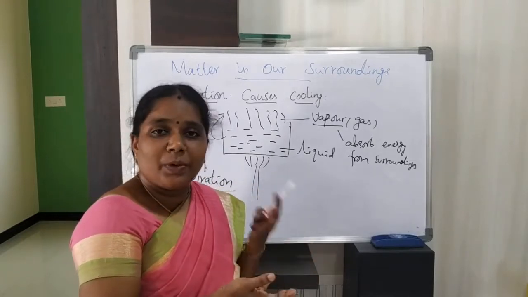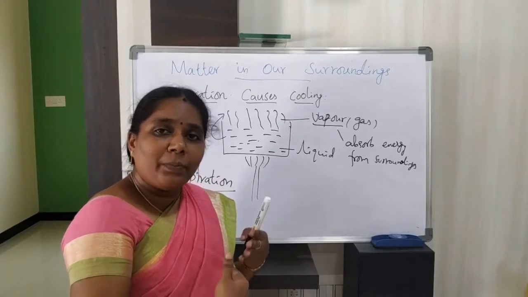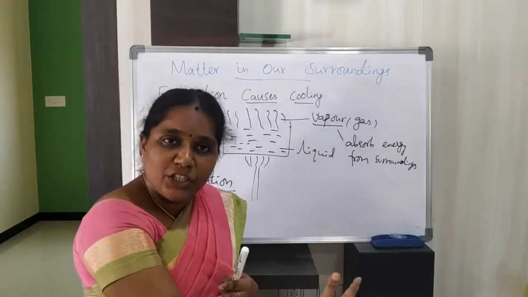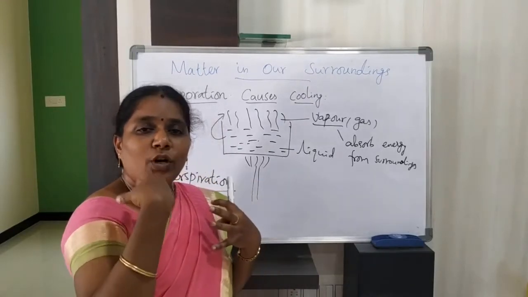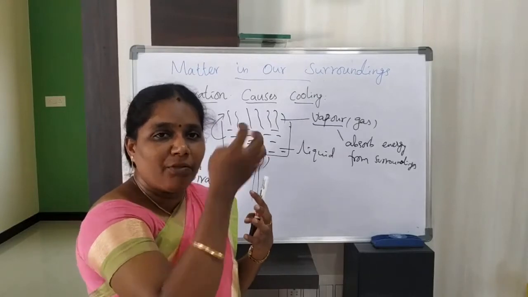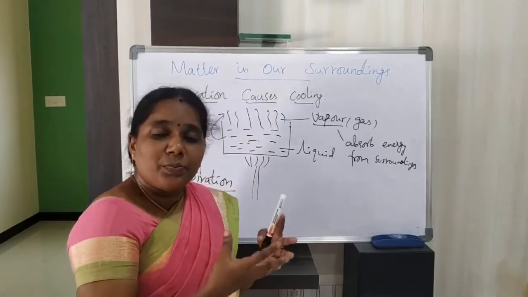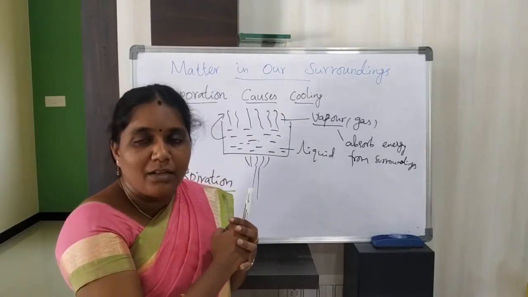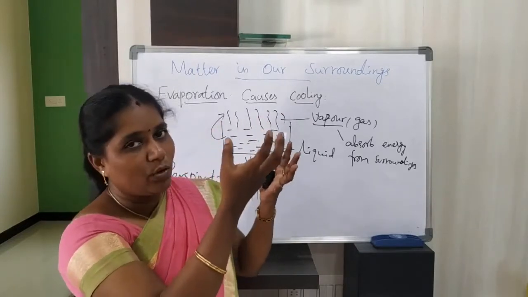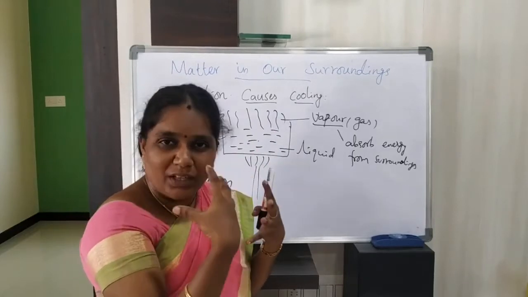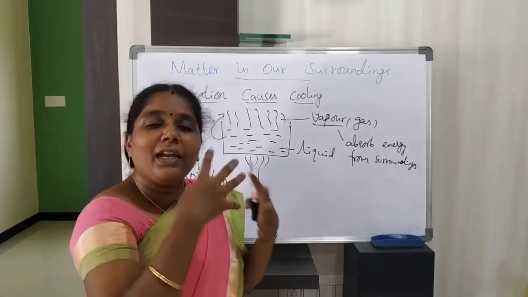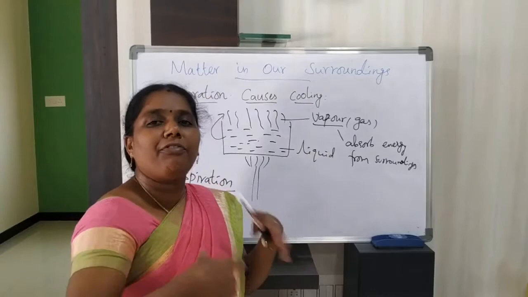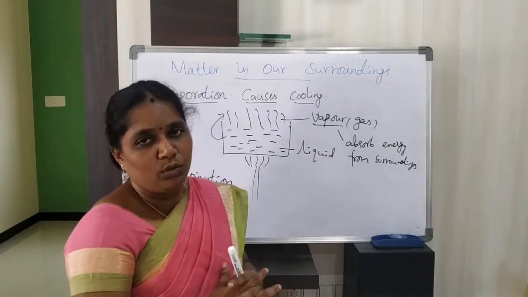So after perspiration, what happens? During perspiration, loss of energy takes place and our body gets the sweat in the form of water droplets. And after perspiration, those water droplets absorb energy from the surroundings, that is, the air around us comes in contact with that sweat, that is the water particles, and automatically we feel our body is cool, isn't it?